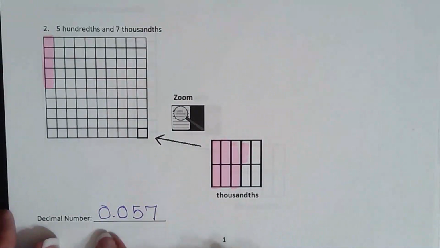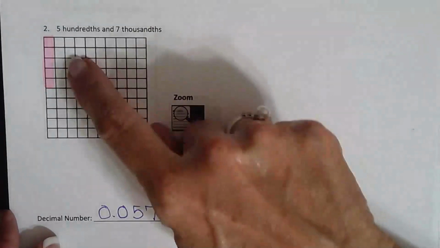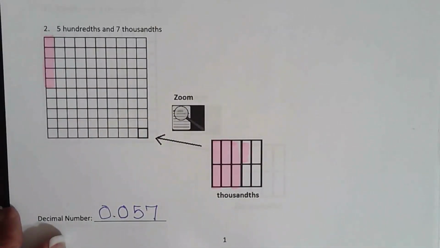So that means there should be no strips, 5 boxes, and 7 in the thousandths, and that's exactly what our picture shows. So tenths are strips, and there are no strips colored. That's why we have to put the 0 there. You can't just leave it off, because remember what I said, thousandths needs 3 decimal places. A tenths place, a hundredths place, and a thousandths place.